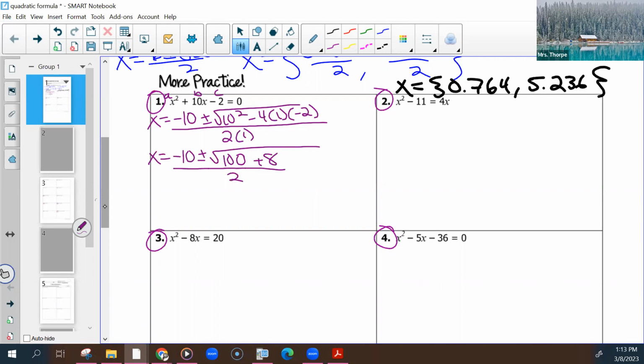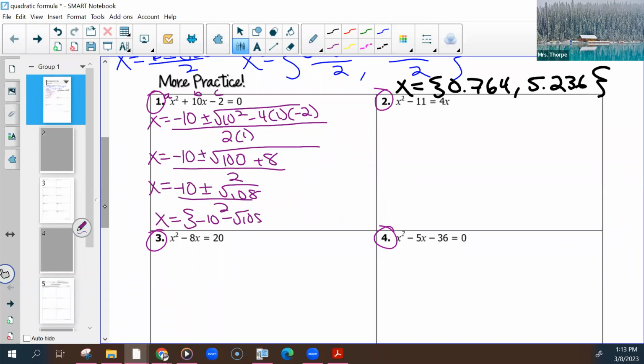And then if we add those two together, is 108 a perfect square? Will we get a whole number if we type it in? So then it would be just like that one, we would separate it and write them as two separate answers.